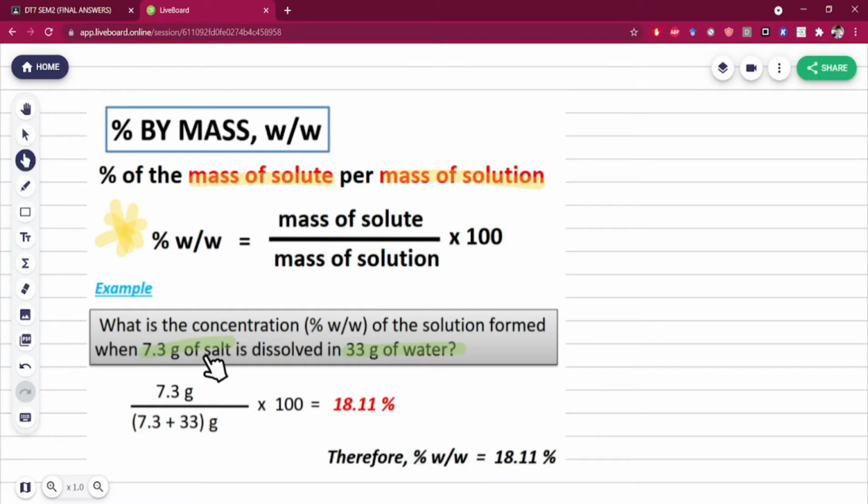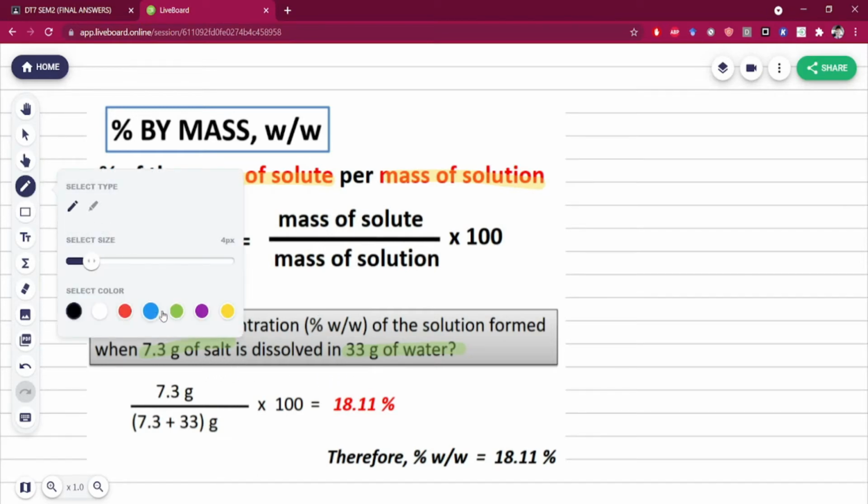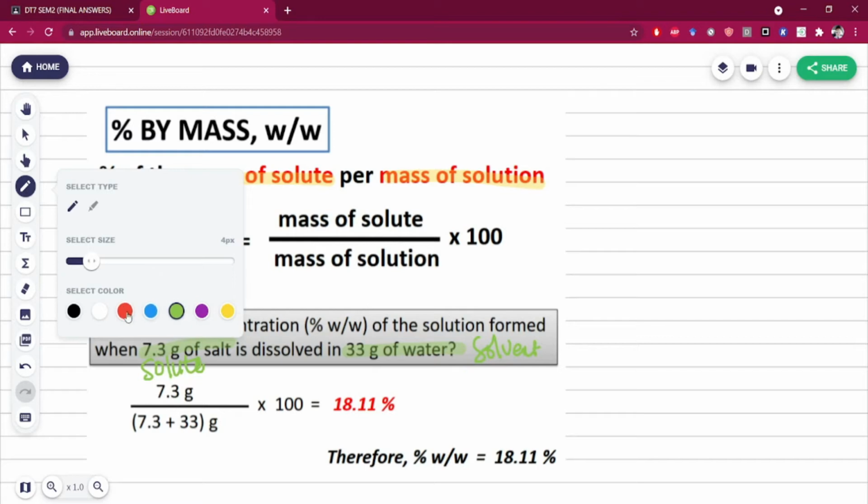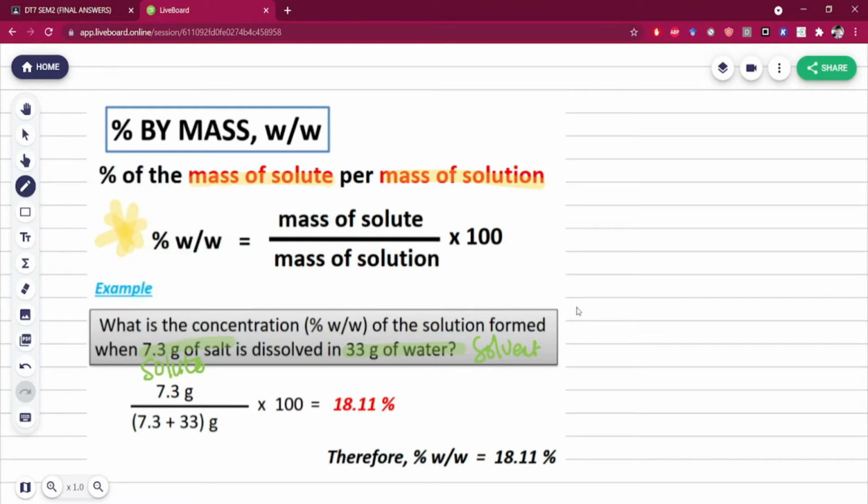This is the mass of your solute, which is the salt, and then the mass of your solution. Remember, this is your solute, and that is your solvent. So to get the solution, you have to add them up together. Remember what we talked about in the solution concept before: solution is equal to solute plus solvent.